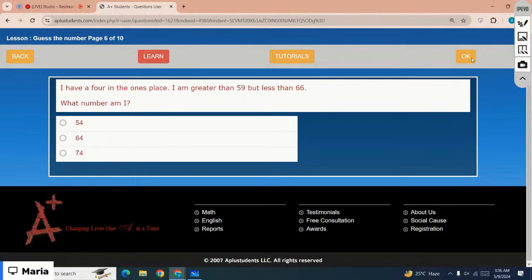I have a 4 in the ones place. I'm greater than 59 but less than 66. So which is the correct option?